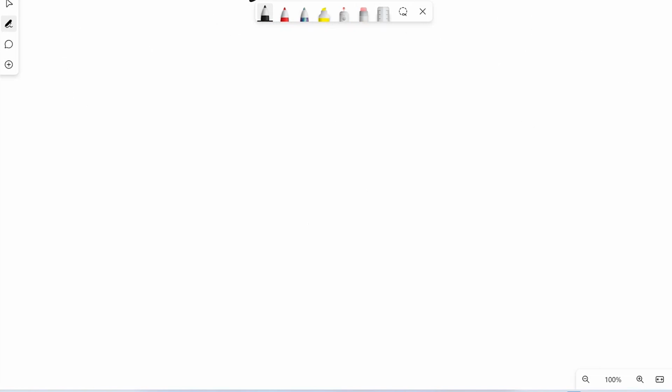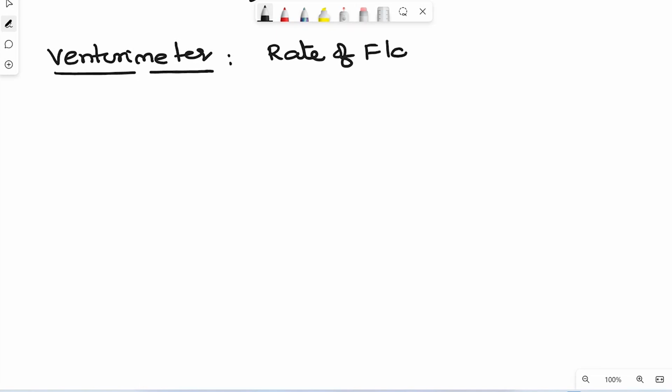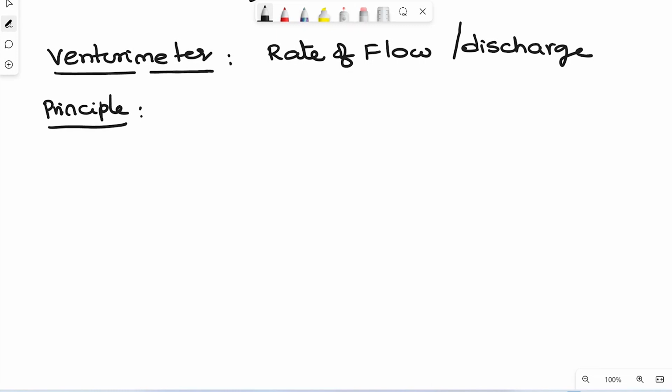Now let me take straight away the first one, Venturi meter. Already I mentioned Venturi meter is a device used for measurement of rate of flow, also called discharge. What is the principle of Venturi meter?